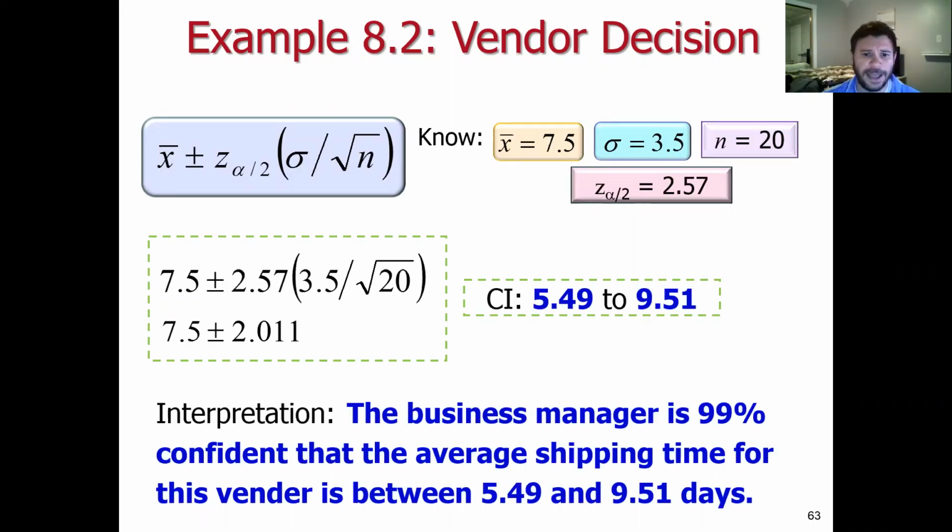Now, we want to be careful not to interpret that as the true population mu having a 99% probability of falling in this interval 5.49 to 9.51.